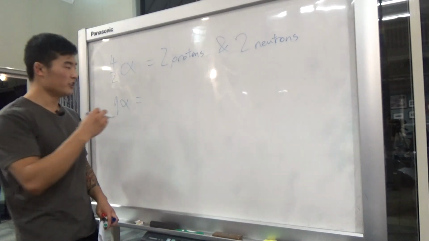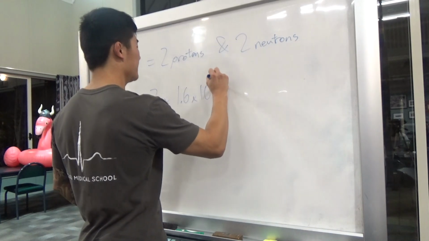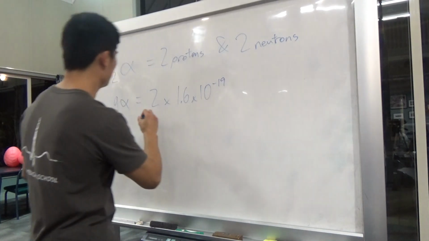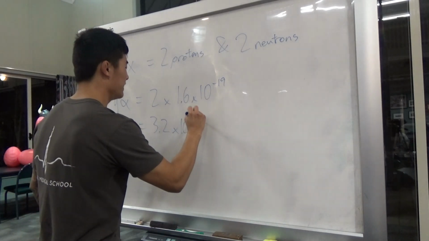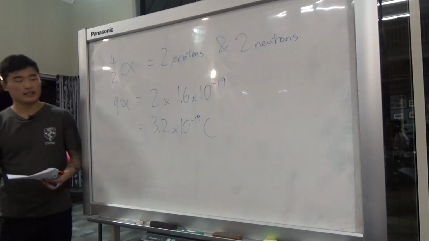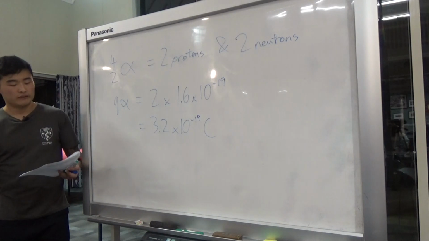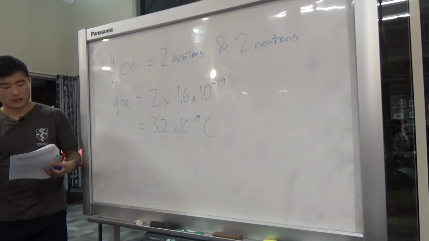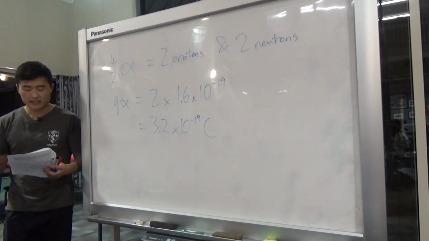So the charge of 1 proton is 1.6 times 10 to the negative 19 coulombs. So that would be 3.2 times 10 to the negative 19 coulombs, and it would be positive, right? So that's your charge of an alpha particle. Make sure you remember that or write it down.